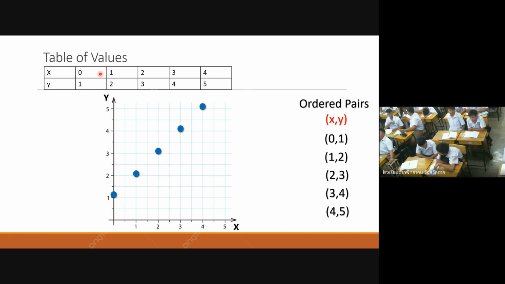Again, once you have the table of values, you identify the ordered pairs, you plot the ordered pairs, and then connect. Remember, everyone, when making a graph, you put the arrow, because this is continuous from this side and from the other side.